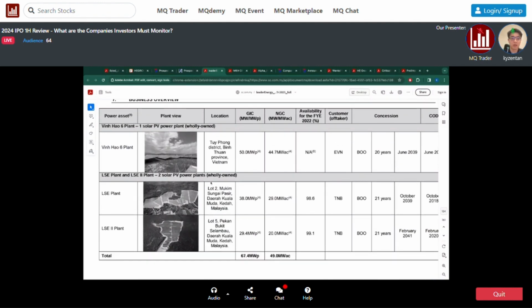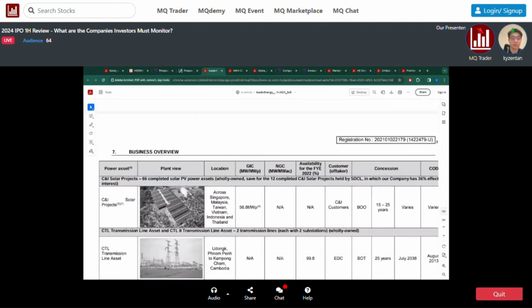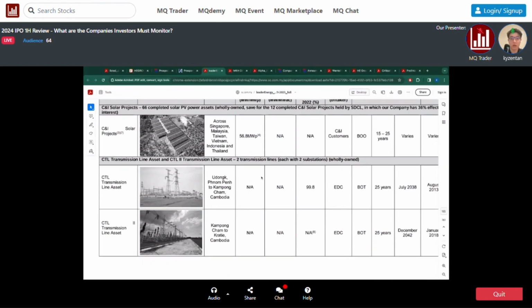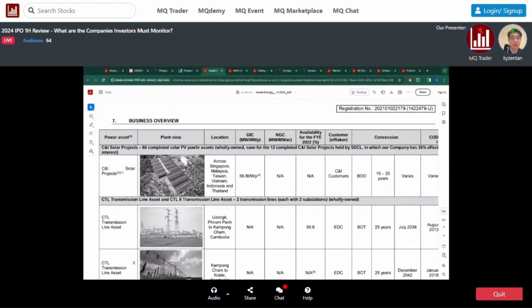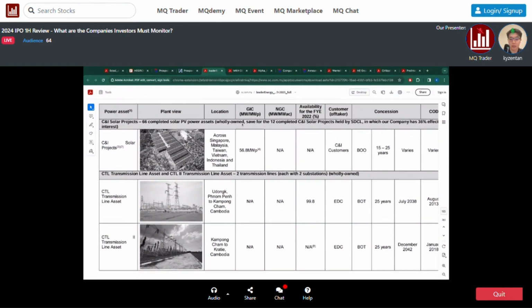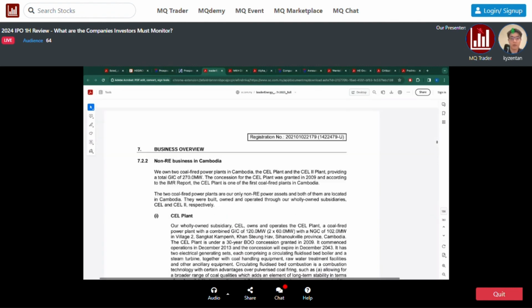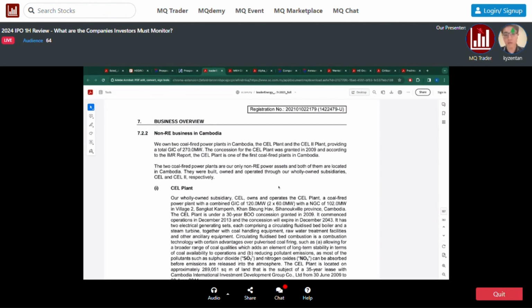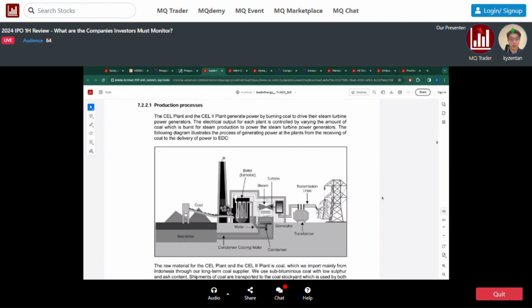This is the other wholly owned power plants, another 49 over here. This is for commercial, I think their completed projects. So basically this is the prospectus exposure for Leader Energy, showcasing what kind of assets they have.